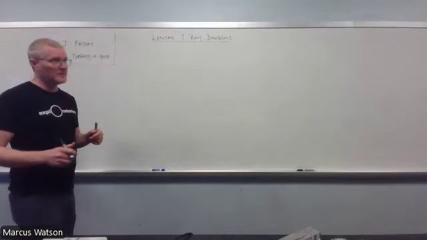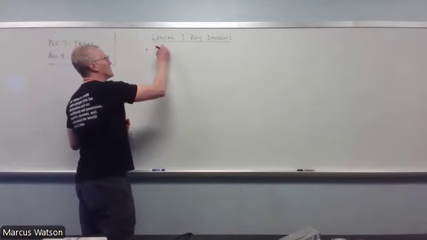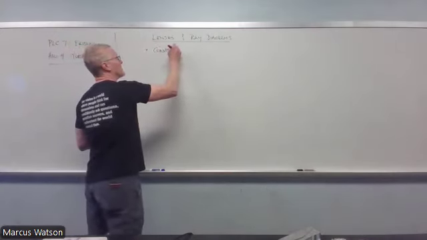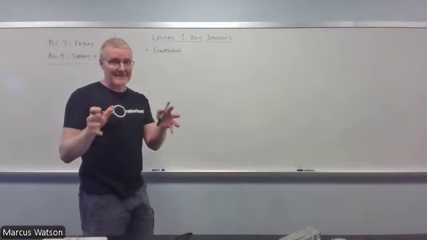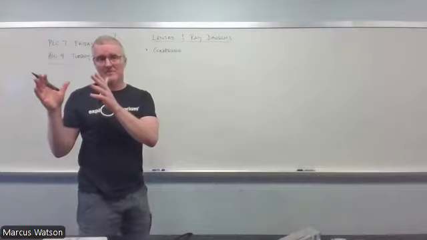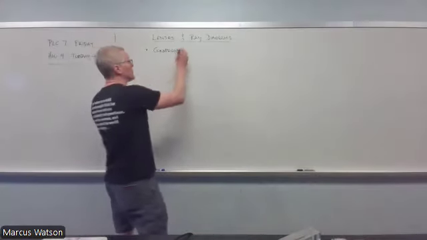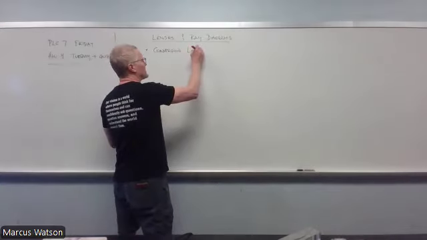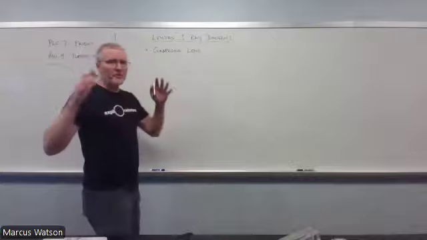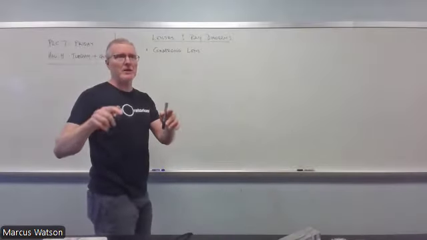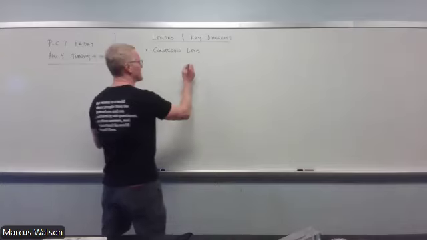So let's start with converging lenses, and I want you to remember that all of the properties of the converging lenses are the same as the properties of the converging mirrors. So if we take a look at a converging lens, there are a few differences, and we're going to take a look at those too, but ultimately the images you get have the same quality, and that's what I was getting at last time in class.